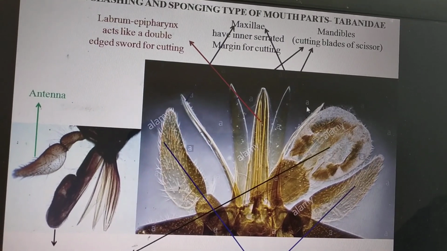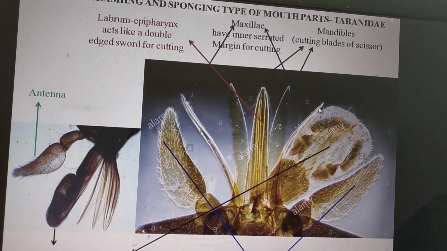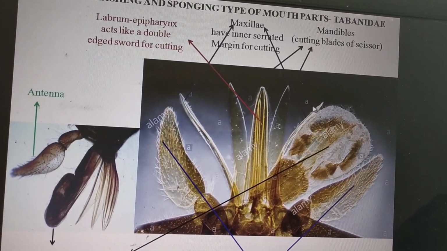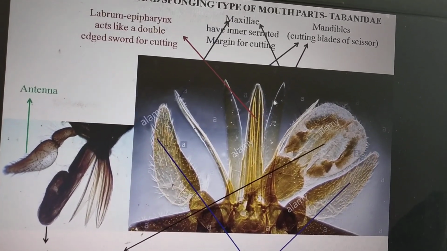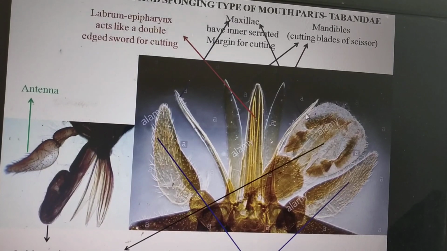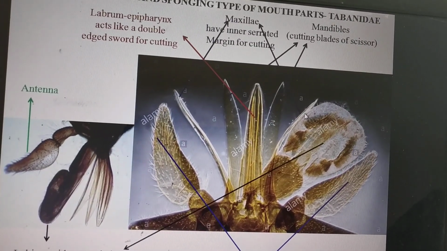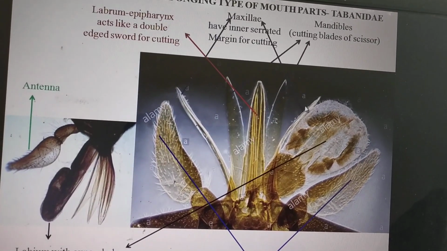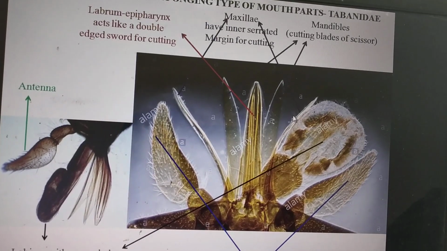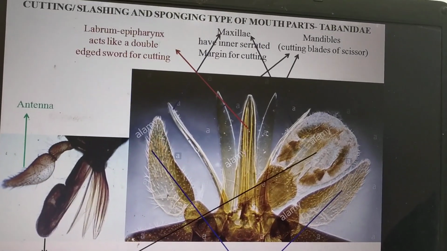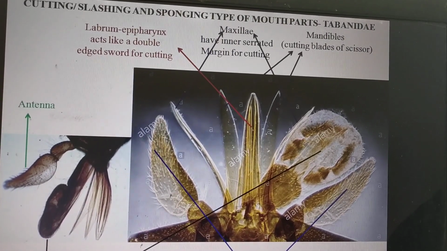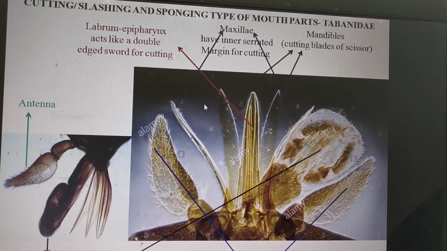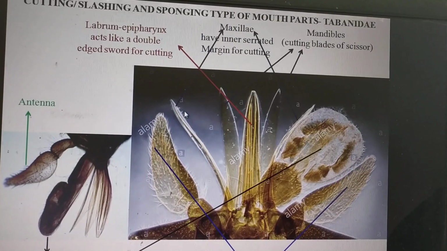These thin structures, this one and this one, are the two maxillae. These maxillae have an inner serrated margin, like a hacksaw blade. Those of you who know a hacksaw, on the inner side they have a serrated structure. That helps them in cutting.